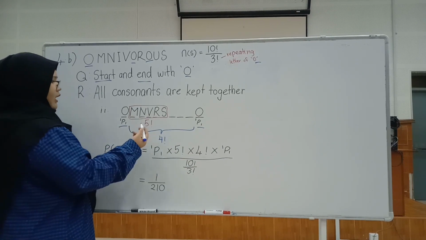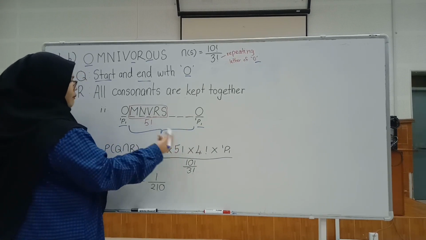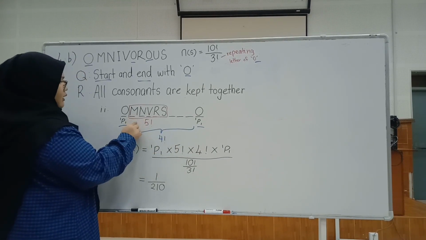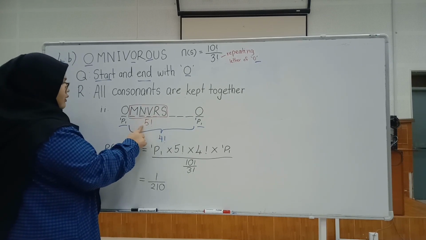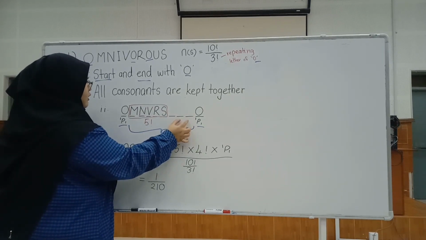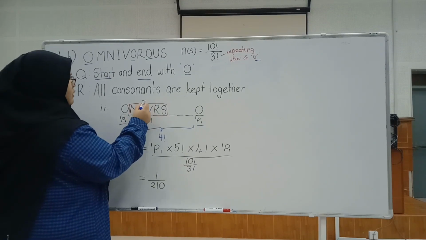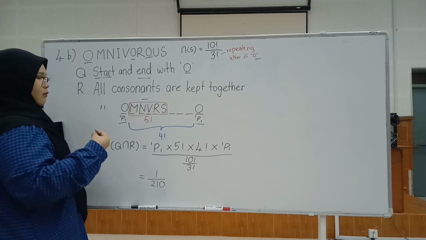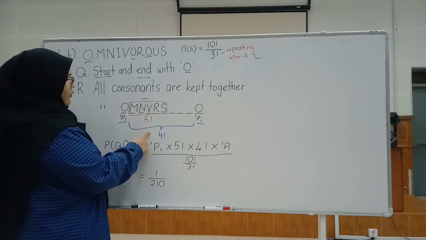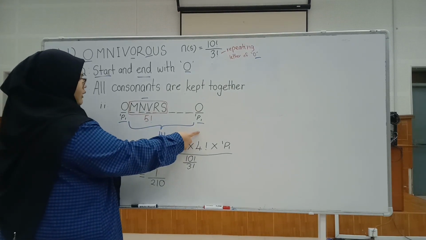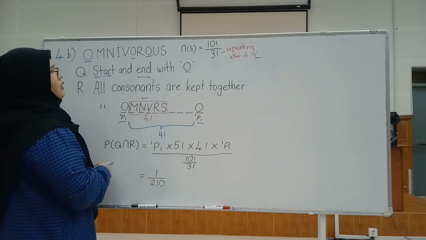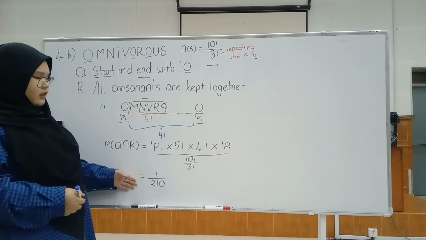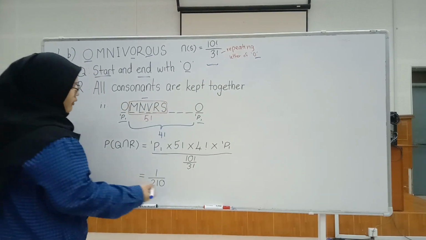But different at the remaining letters in the middle, which consonants are 5 factorial. But here is remaining 3 spaces, and we can consider this as 1 space, so 4 factorial. Then we can simply multiply all this: 1P1, 5 factorial, 4 factorial, and 1P1, divided by the number of sample here. We can calculate it, and the final answer will be 1 over 210.